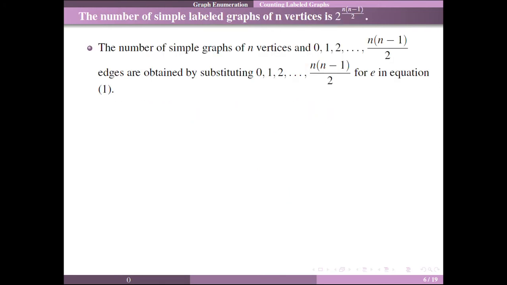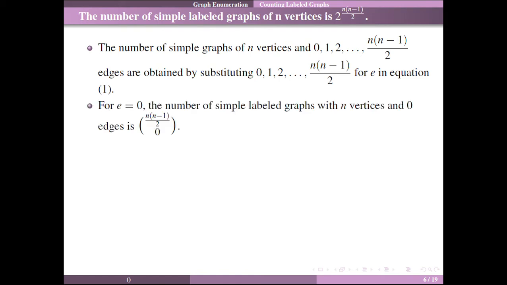Now, in order to compute the number of simple graphs on n vertices, we have to look at the graphs where the number of edges is 0, 1, 2, etc., up to n(n-1)/2. This is obtained by substituting these values of e in equation 1. For e equal to 0, the number of simple labeled graphs with n vertices and 0 edges is n(n-1)/2 choose 0.